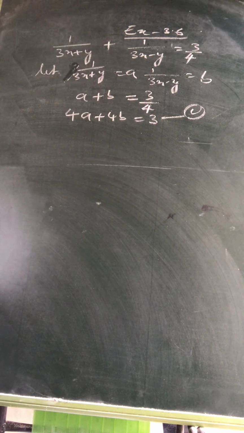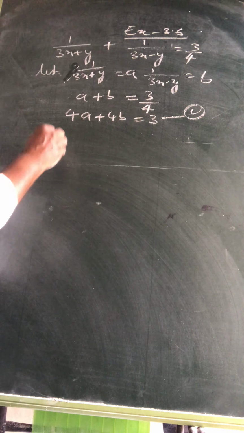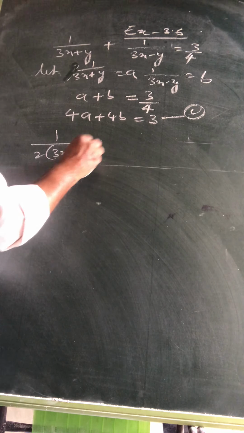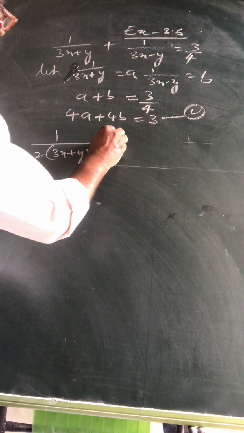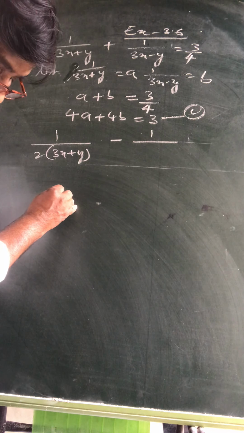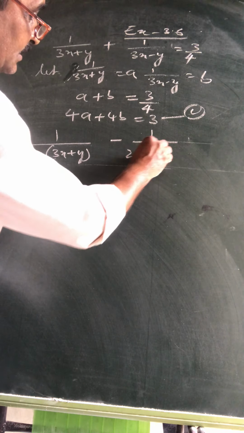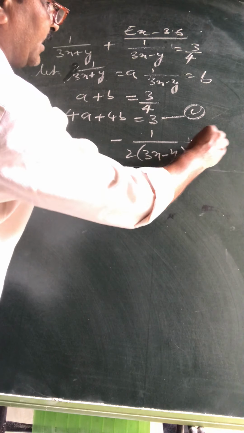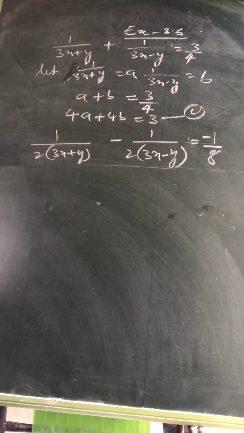Now we are coming to the second equation. 1 by 2 into 3x plus y minus 1 by 2 into 3x minus y is equal to minus 1 by 8.